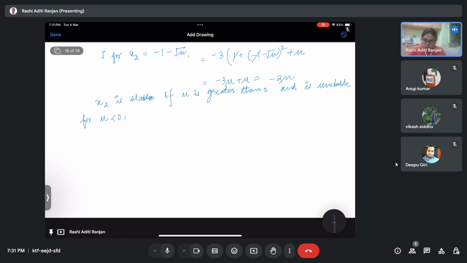Okay, so the picture is clear. They have opposite behavior. x1 was stable for mu less than 0 and becomes unstable as mu gets greater than 0, and x2 is stable for mu greater than 0. Now J for x3, which is −1 + √mu, is going to be the same actually.